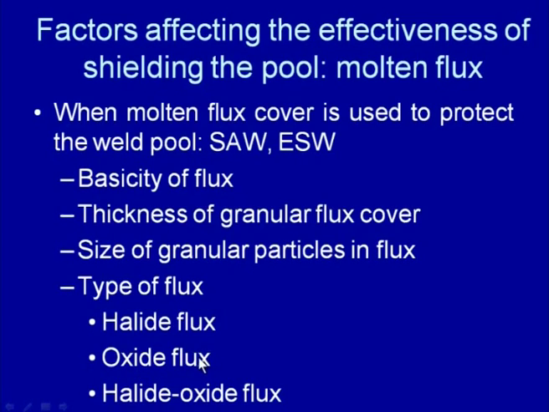So, we can see that there are various factors which affect the effectiveness of shielding the weld pool when the molten flux approach is used, and these include the basicity of the flux, thickness of the granular flux cover, size of the granular particles, and the type of flux being used.